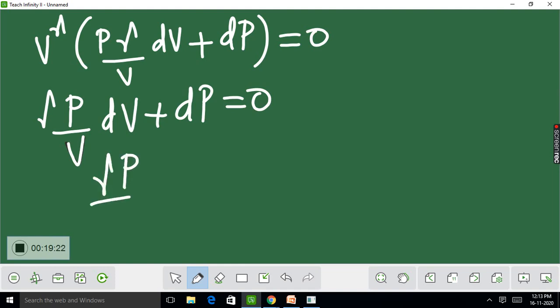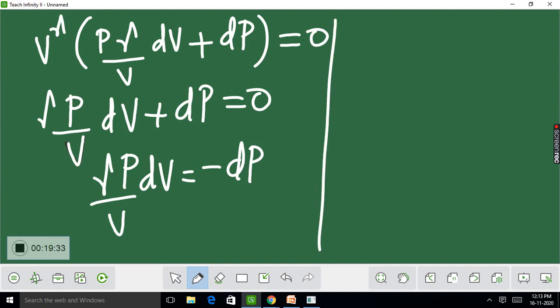Gamma P by V dV equal to minus dP. Taking dV to the other side, we get dP by dV.